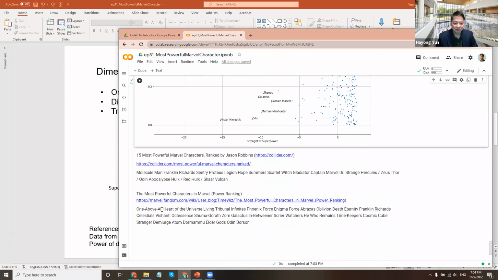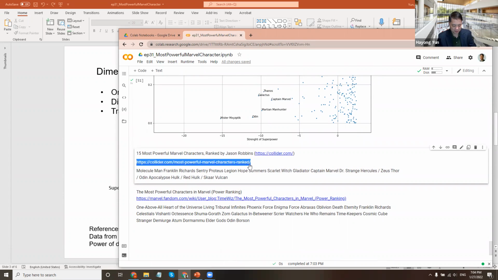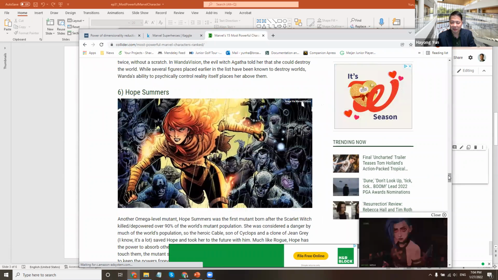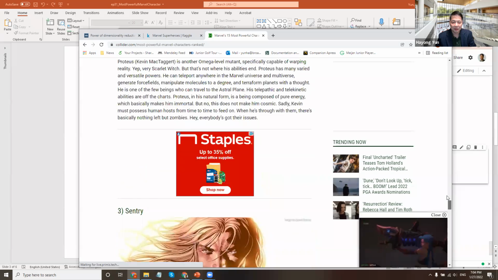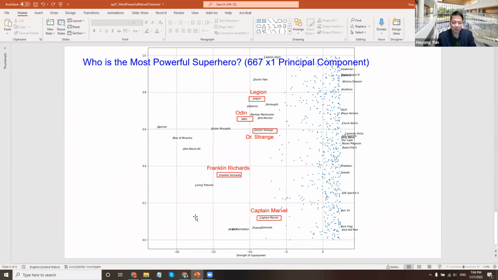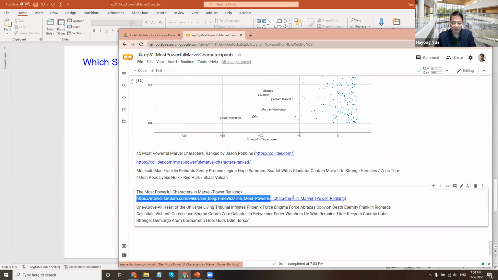And yeah, if you have doubt, here was the list that I looked up. I think we just saw it. I guess this is the page, isn't it? The Marvel fandom has also their own favorite ranking.